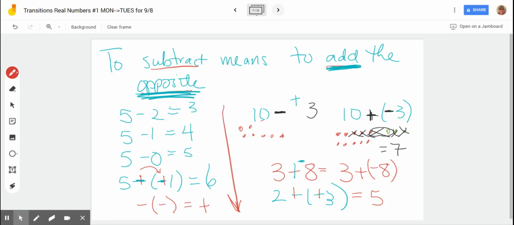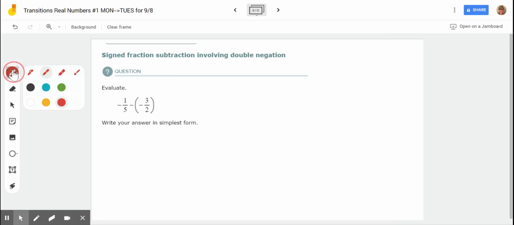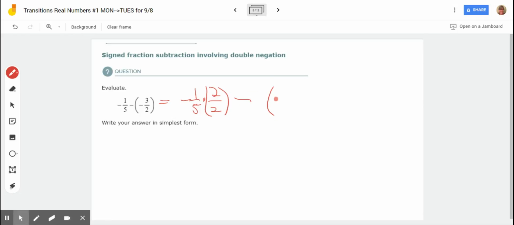Let's take a look at the problems. Okay. Part of this probably is just fractions. Might be better after we've done the last chapter, but 5, 2, common denominator is 10. So we are going to multiply the first fraction by 2 over 2 to get the common denominator, minus negative 3 over 2, and we're going to multiply that by 5 over 5.